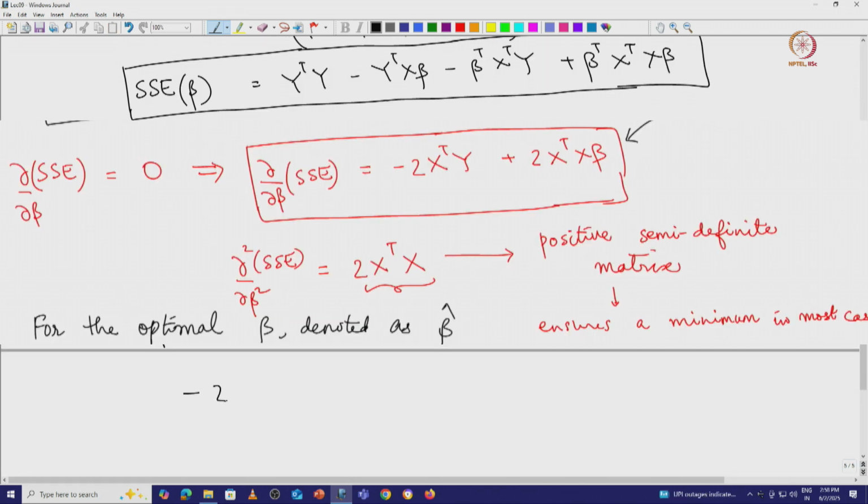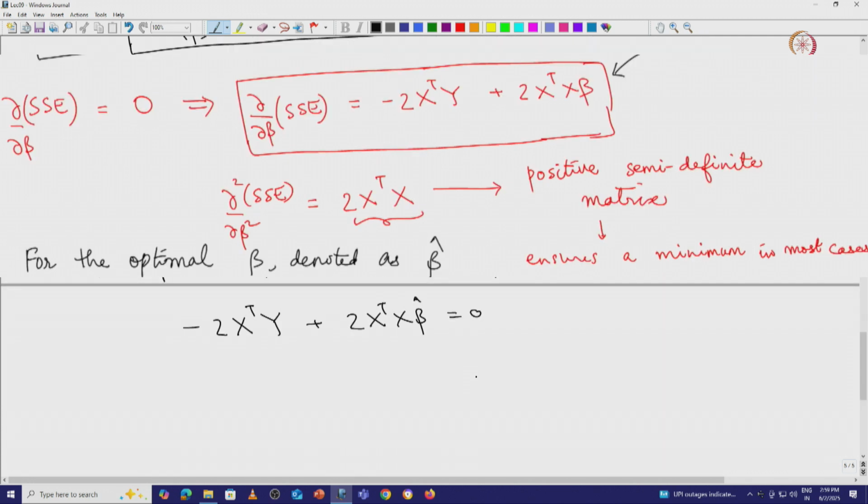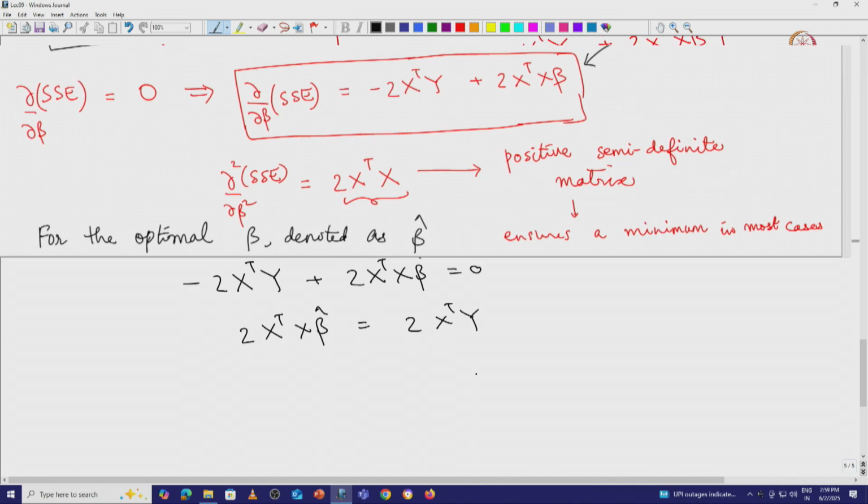Your first order derivative is equal to 0. So minus 2 x transpose y plus 2 x transpose x beta hat will be equal to 0. This means that 2 x transpose x beta hat equals 2 x transpose y, so that your beta hat becomes (x transpose x) inverse x transpose y.